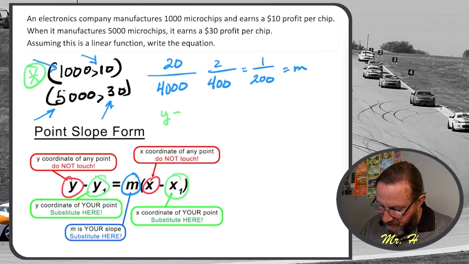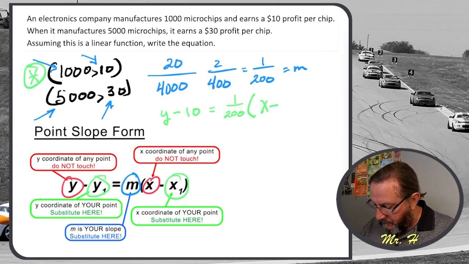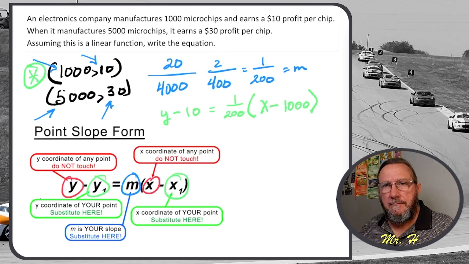Y minus 10, that's the y value of the point we chose. That's going to be equal to the slope, which we just determined was 1 over 200, multiplied by x minus the x of our point. That's going to be x minus 1,000. In terms of point-slope form, we are done.